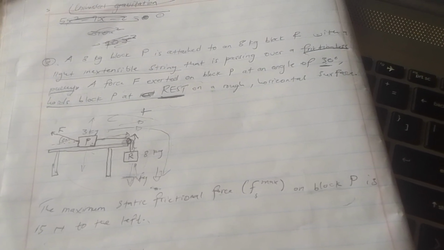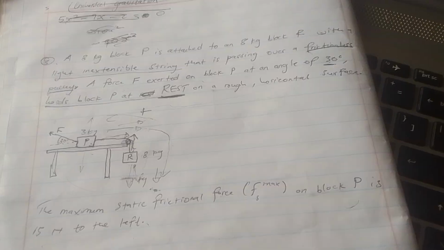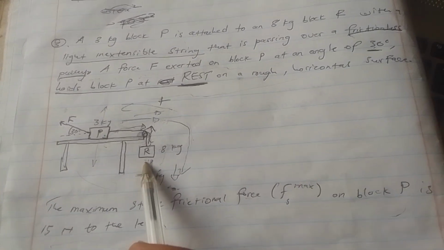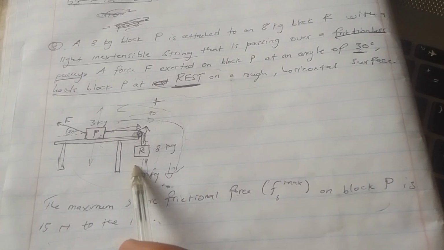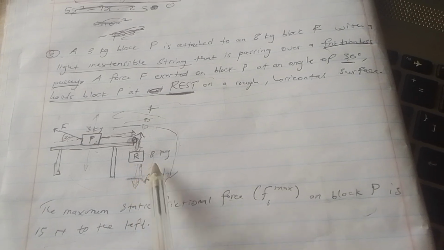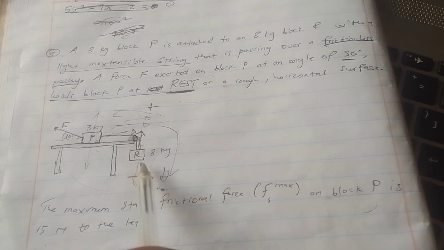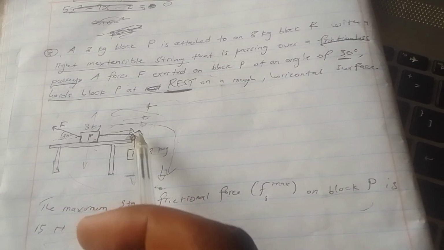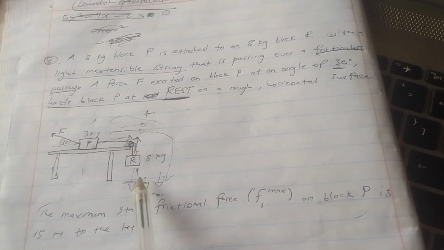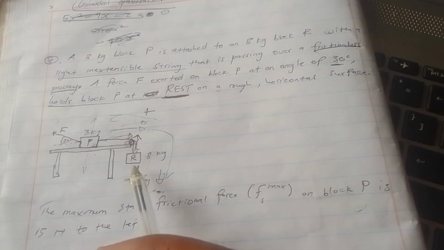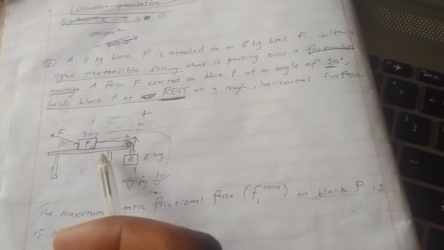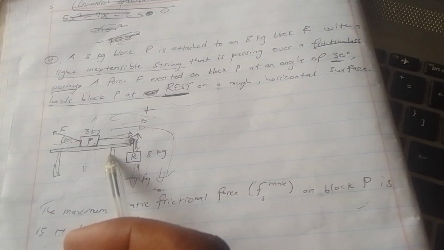The only difference will be the directions, because the tension on block R is going upward, since it is just hanging there. It's not on a surface or anything. It is just hanging, which means only two forces act on block R. The tensional force goes upward because this block is dangling, not on a horizontal surface as block P is.